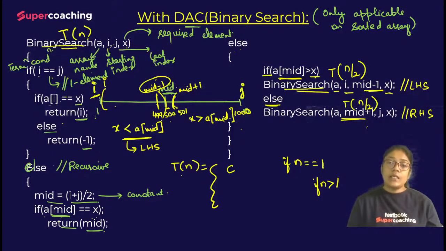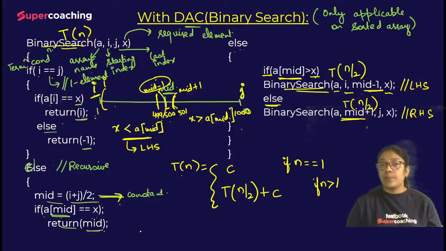No, we are just considering one part of a problem. So here we can say that either going to left side or right side. We are not taking both, so we will not sum. So this is n by 2. And here dividing the problem or returning the solution will be represented in the form of f of n. So for dividing the problem, this is taking constant time.